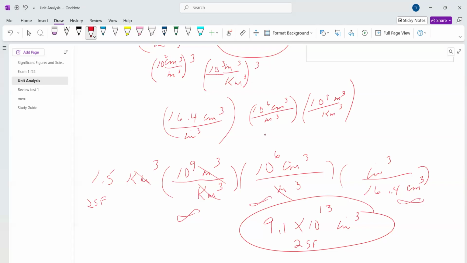Okay, now 1.5 cubic kilometers is like huge. 9.1 times 10 to the 13 is much bigger than that number. So logically, that makes sense.